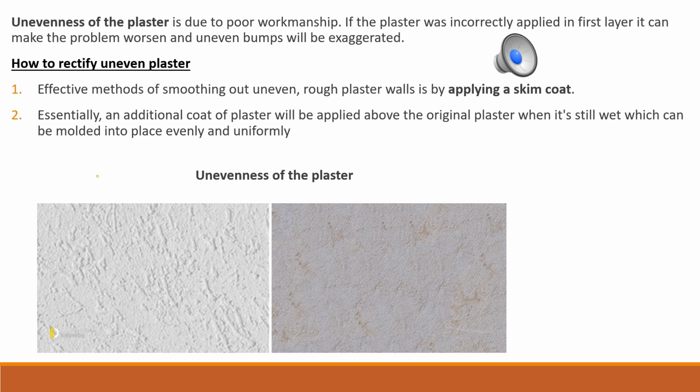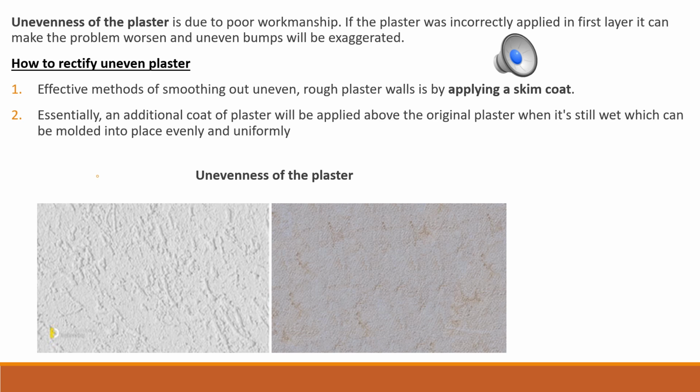The main reason is that we are sometimes employing unskilled masons. One of the most important and necessary factors is that we only engage skilled workers. The second reason is that the materials used for the plaster, cement and sand and water, are not mixed properly and not in the proper ratio. So all these factors are to be taken care of.